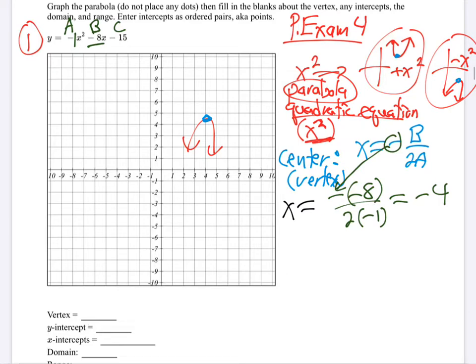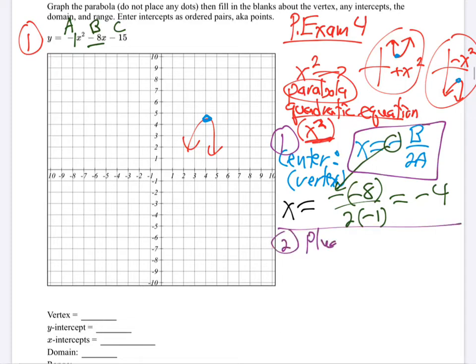Now we need to find y. So step 1 is use the formula x is negative b over 2a to find the center of the vertex. Step 2, plug in x is negative 4 to find the y value.